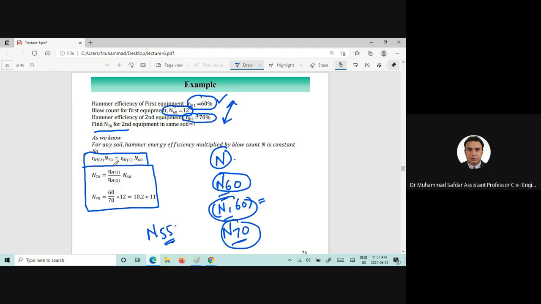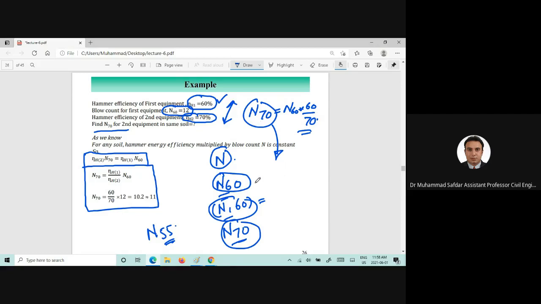Now how can we find this out? We can find this out using this equation, which is eta h2 N70 is equal to eta h1 N60, or we can simply write that N70 would be equal to the N60 value multiplied by 60%, which is the hammer efficiency, divided by 70, and then we will get the corrected value for N70 or the 70% efficiency N value.